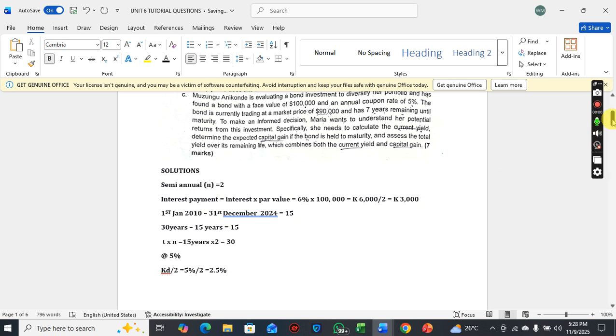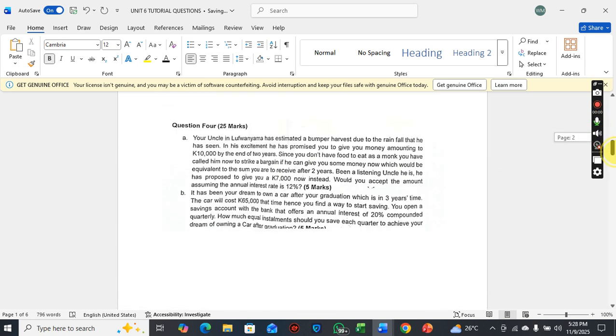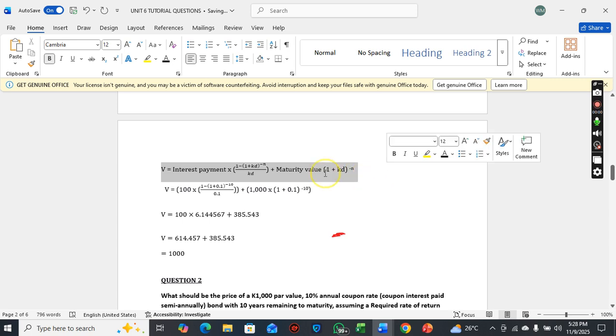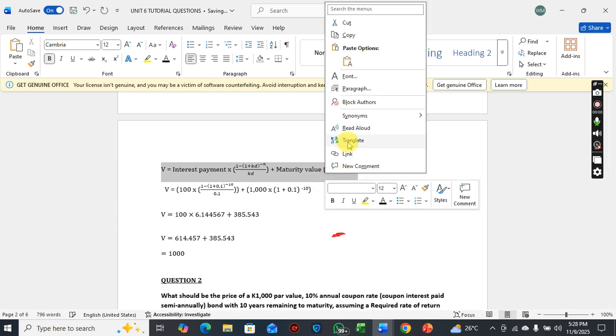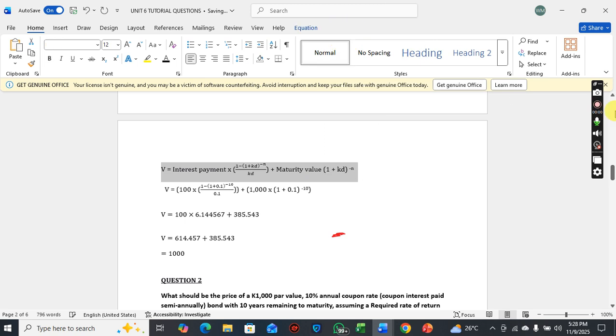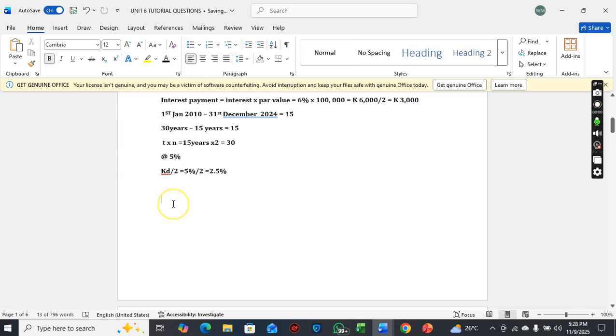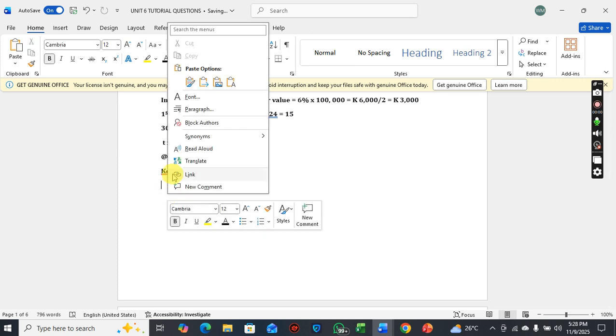Now we can just use the formula for the bond. If you have done the adjustments already, you can put the original formula like this one here.